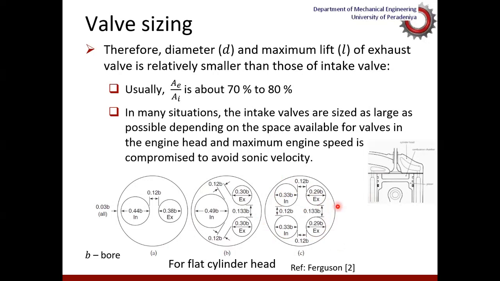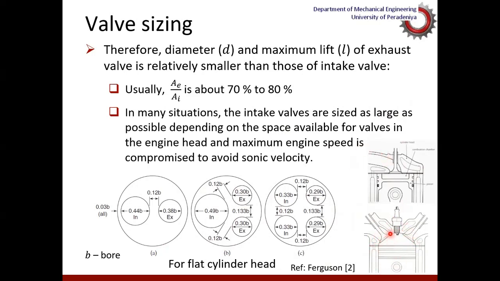So the larger the valves, the better the volumetric efficiency would be. And people also use various other approaches to increase the cross-section area. For example, rather than having open flat combustion chambers or heads like this, you could use pent-roof type or hemispherical type combustion chambers like this, where you can increase the area available to place the valves.